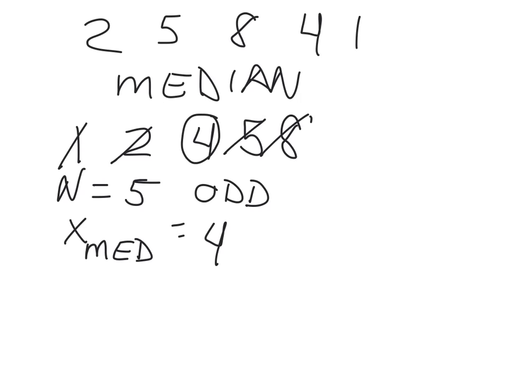So then the next thing we have to do is calculate the standard deviation. Okay, so it has a terrible looking formula, but what we're going to do is line them up in columns.